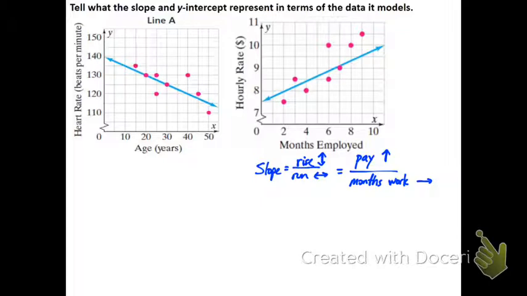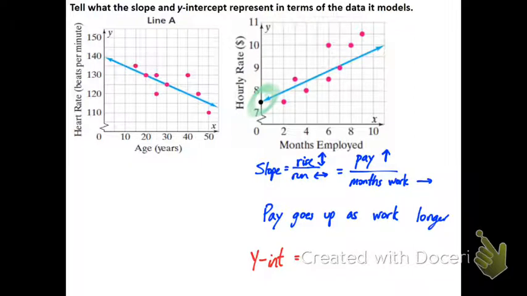And so when I do this, again, I want to try to write a little sentence. My pay goes up as I work longer. And that should kind of make sense, right? My y-intercept, again, I can take this, put a little dot there, circle it. That's my y-intercept right there.